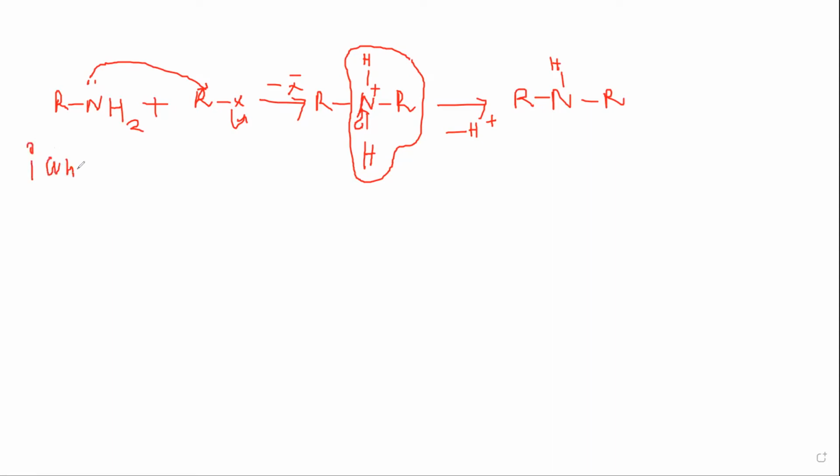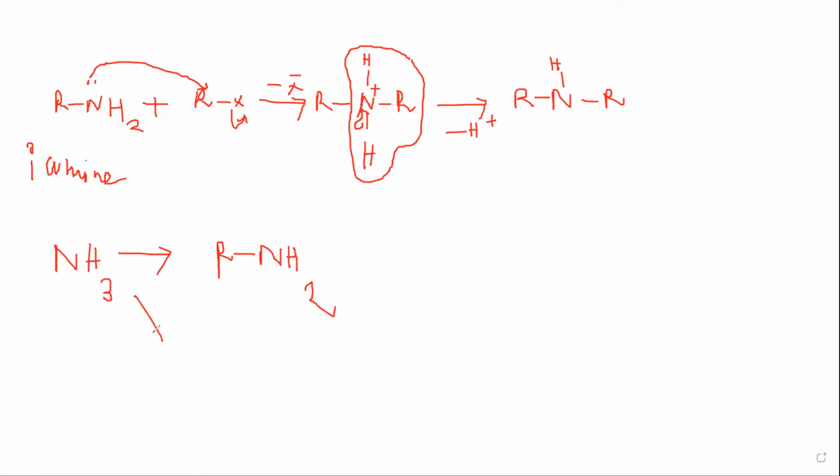What do you mean by a primary amine? Primary amine means one hydrogen atom of ammonia, NH3, is replaced by an alkyl group. So we get RNH2.